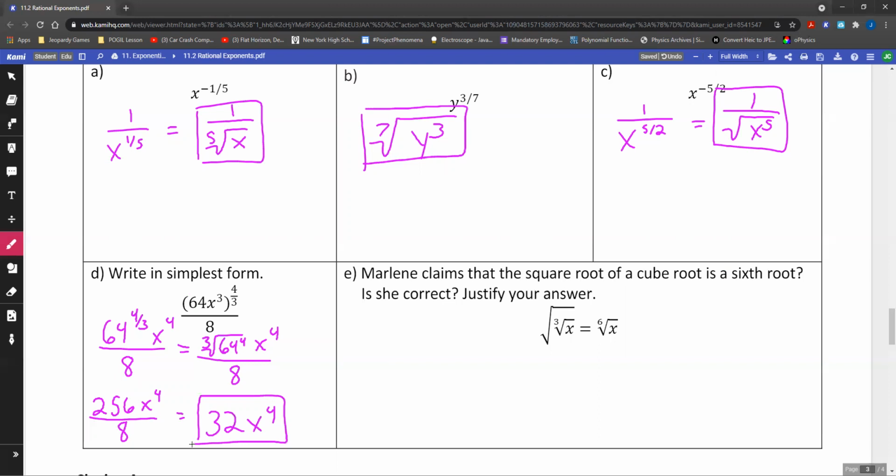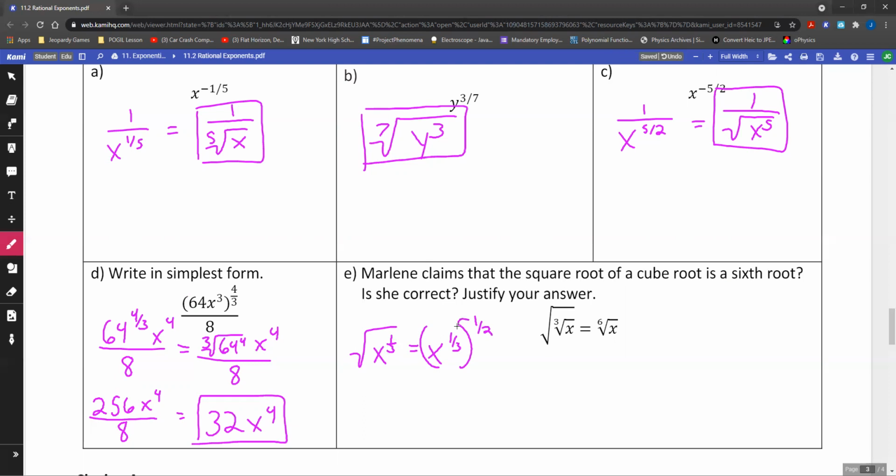And then over here, the claim is that the square root of a cube root is the 6th root. So let's see if this actually makes sense. So the cube root is x to the 1/3. Taking the square root of that is essentially doing this, putting the 1/2 on the outside.